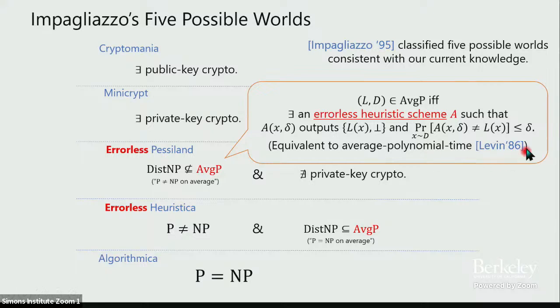And we also require that the probability that it fails is at most delta. So this is the errorless notion in the sense that when you make an error, you must output that the algorithm makes an error. And this is known to be equivalent to average polynomial time. You can also define it by using the expectation of the running time of the algorithm.